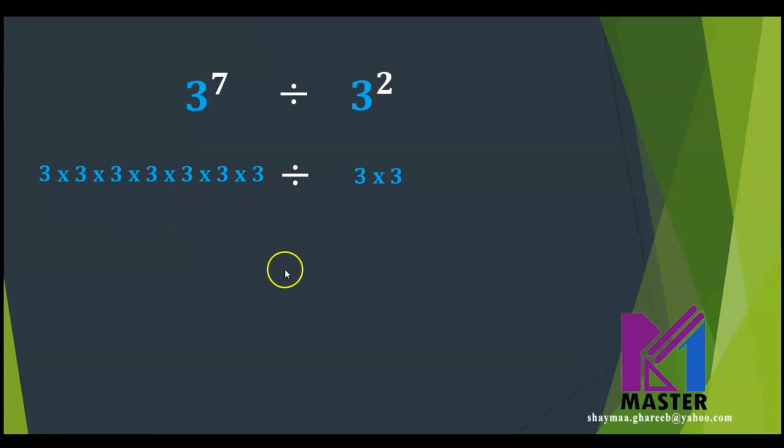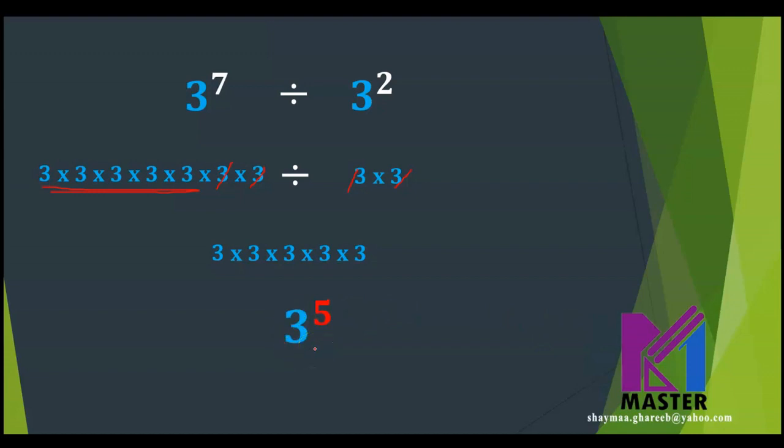So when we do the division here, we are going to cancel these two 3s with another two 3s from this, which means I'm going to have at the end these 5 3s multiplied by each other.